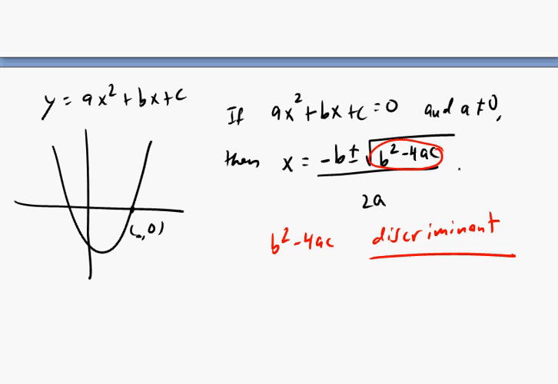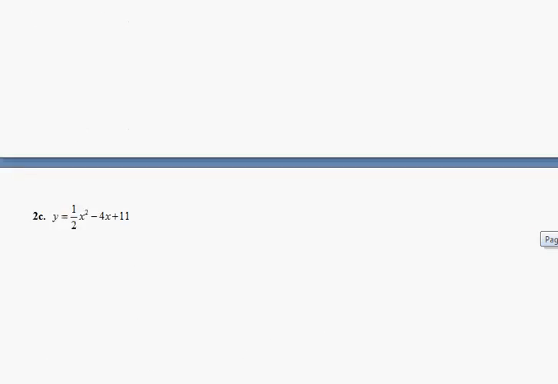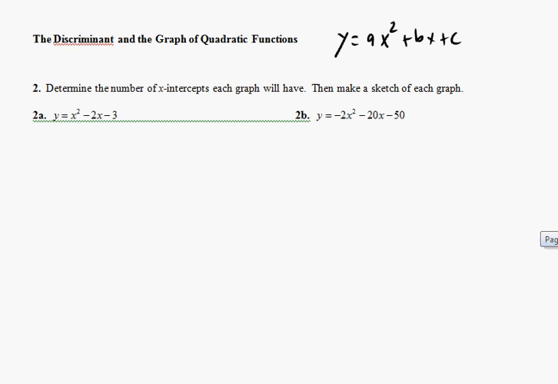So, if we want to determine how many x-intercepts there are, we want to determine how many solutions there are to ax squared plus bx plus c equals 0. And in order to do that, we can use the discriminant. So, let's go back to our first equation. Let's determine what the discriminant would be.